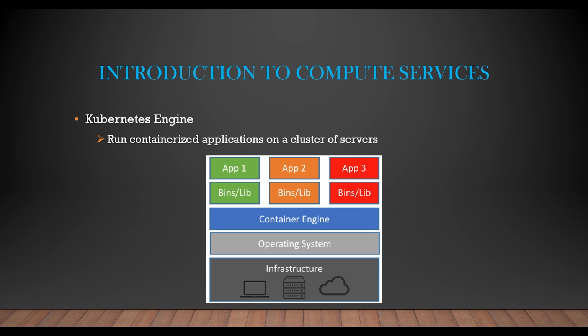This is a logical representation of containers. If you take a look over here, you have three containers within the cluster. This cluster has an infrastructure and a host operating system, and it has a container engine which manages those containers, and each container is running an application: app 1, app 2 and app 3.